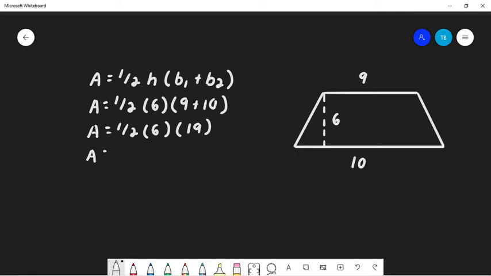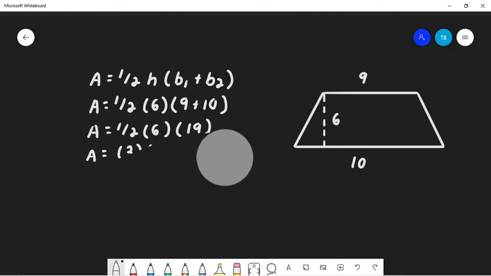Okay, area is 1/2 of 6 is 3 times 19, and then 3 times 19 is 57. So the area of this trapezoid would be 57 square inches.